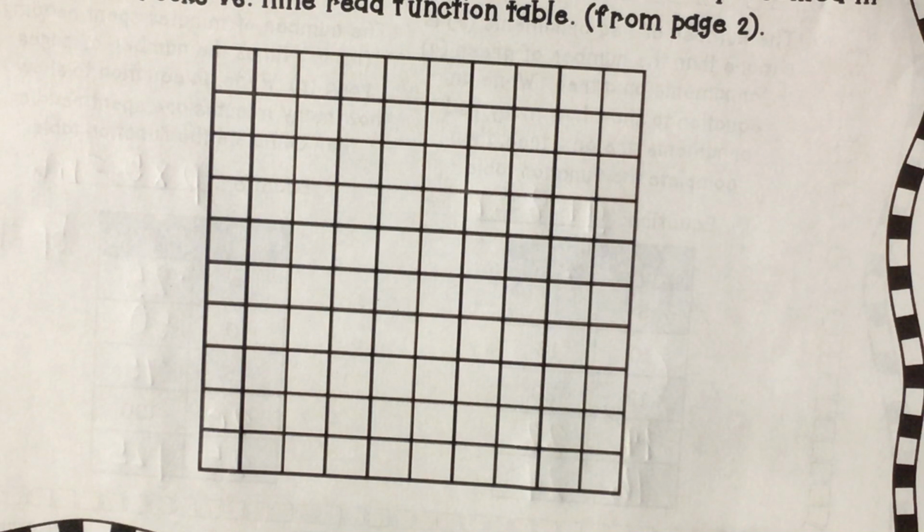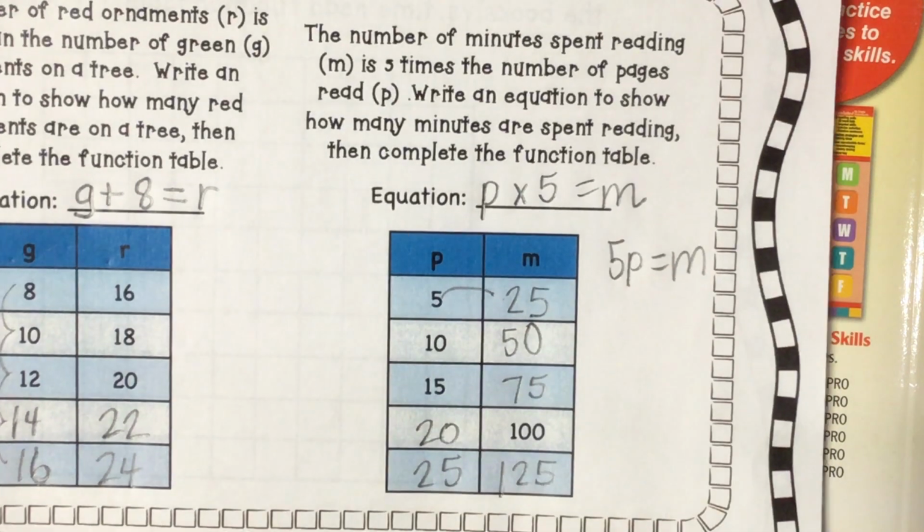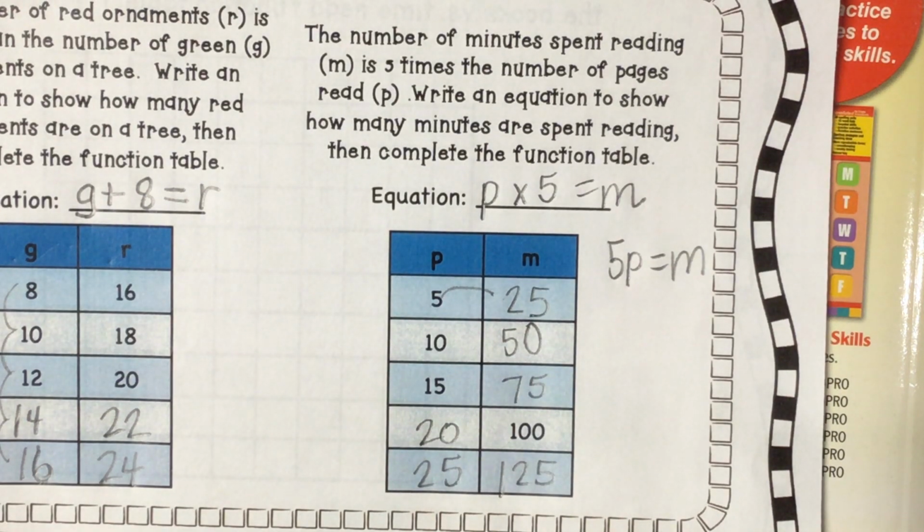So guess what we're going to do? We're gonna go by 5. 25, 50, 75, 100, 125.